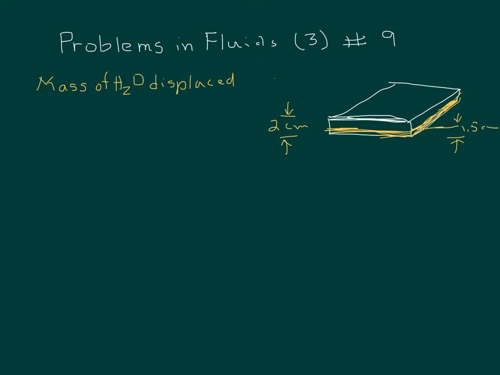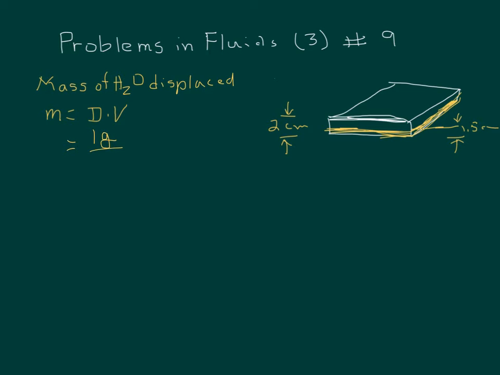Let's look at the mass of the water displaced. This mass will be the density of the water times the volume of the water. Since our measurements are in centimeters, we can keep the density in centimeters.